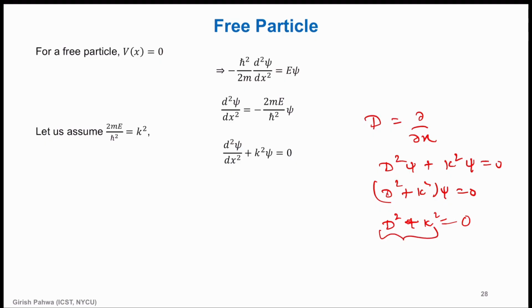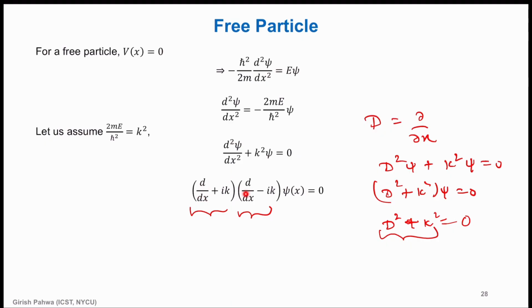How can you write this equation? There's another form I can write this equation in. D is this del by del x, right? So what if I write this? Does it denote D squared plus k squared? You know, iota squared is equal to minus 1.